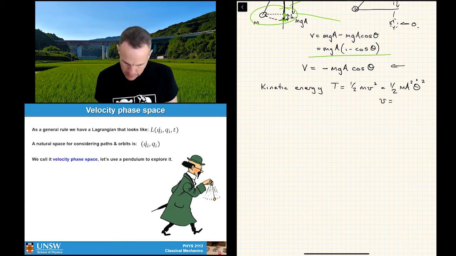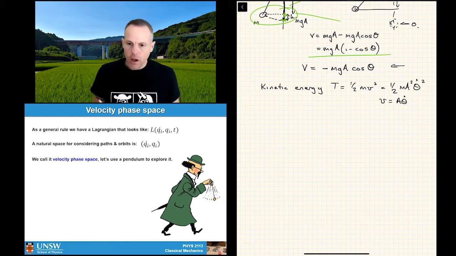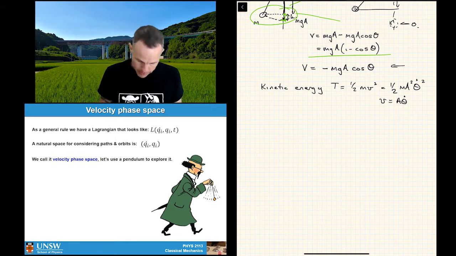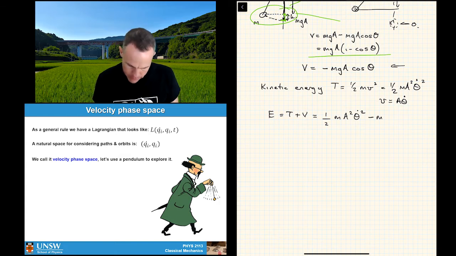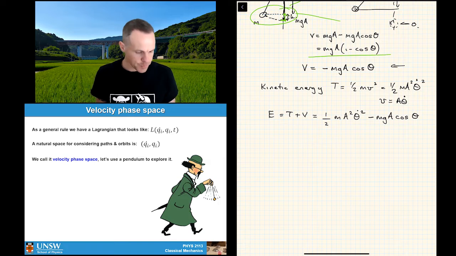Where v is basically a theta dot. I'm not going to deal with the Lagrangian here because I don't really need it. What I'm interested in is total energy, right? So the total energy, E, is T plus V in this case. And so this will be a half m a squared theta dot squared minus m g a cos theta.